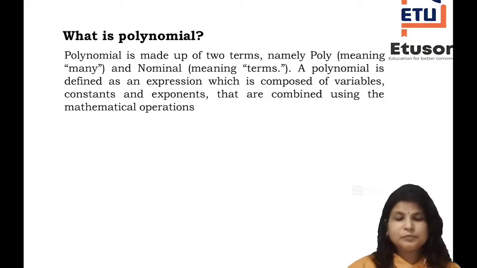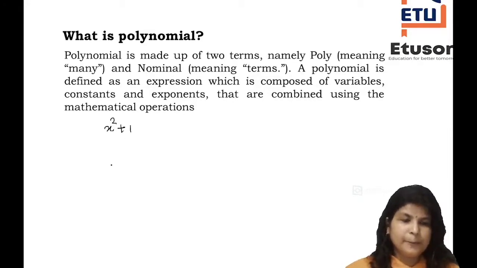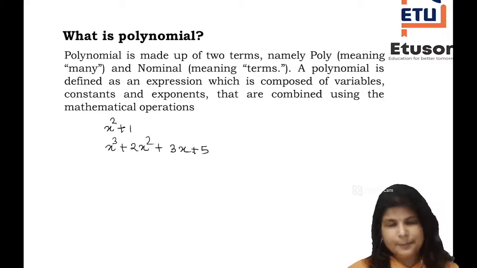Correct, children? So basically, can I take some examples of polynomials? Like suppose you have x square plus 1. Okay, so you have x cube plus 2x square plus 3x plus 5. Correct.